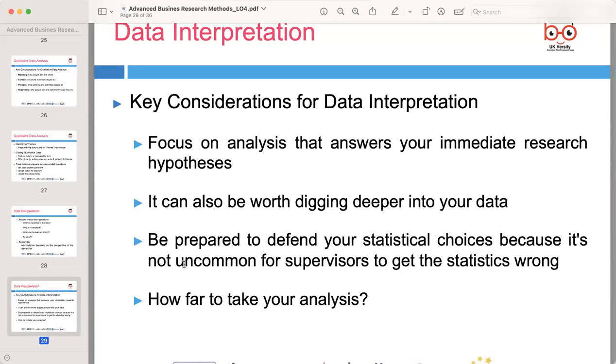This means exploring additional patterns, correlations, or trends that may emerge during the analysis process. So be prepared to defend your statistical choices, because it is not uncommon for supervisors to get the statistics wrong.